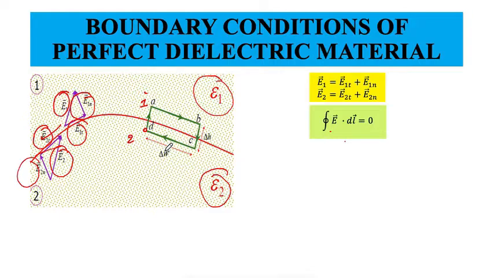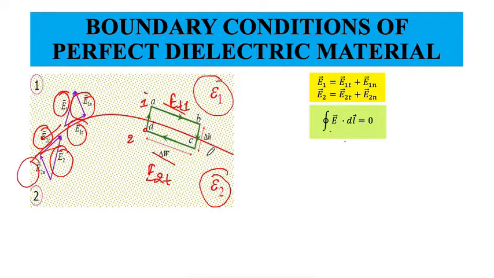Inside the material with dielectric 1, this is inside and this is outside, the second medium is dielectric 2. The tangential electric field along this path is E t2, and inside I have E t1.